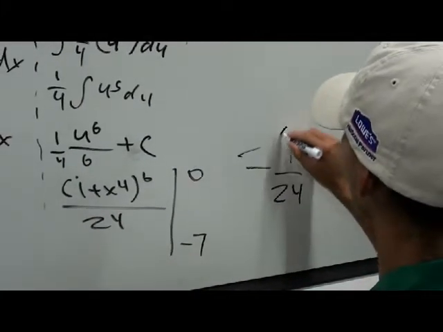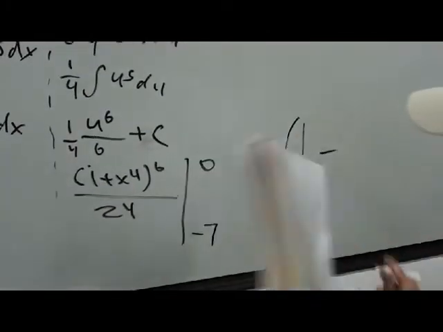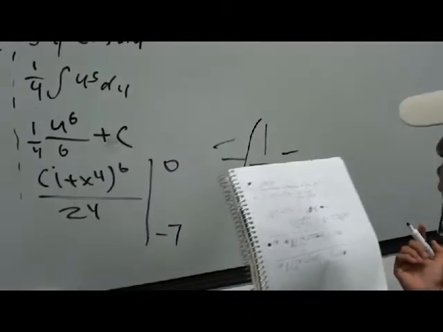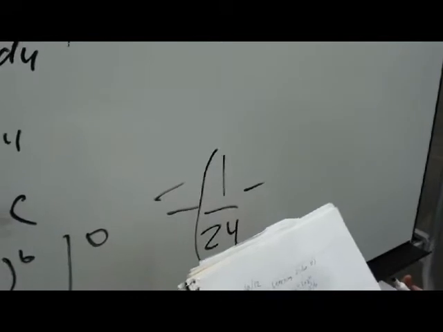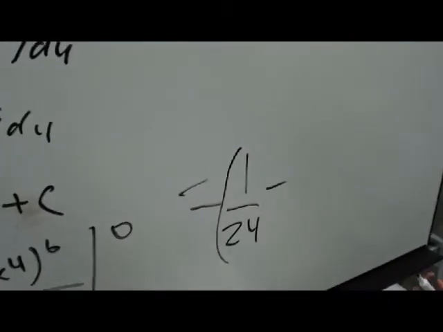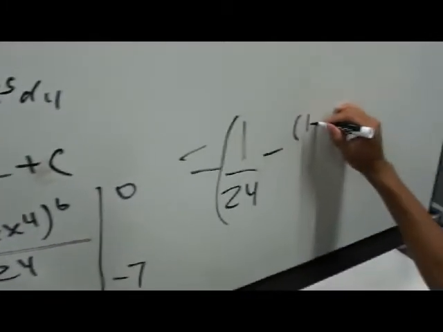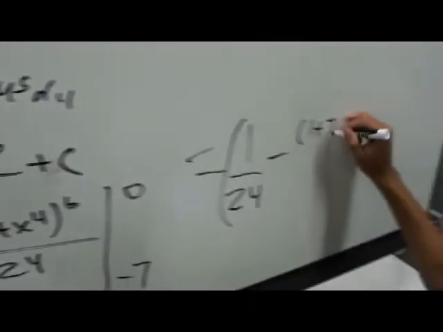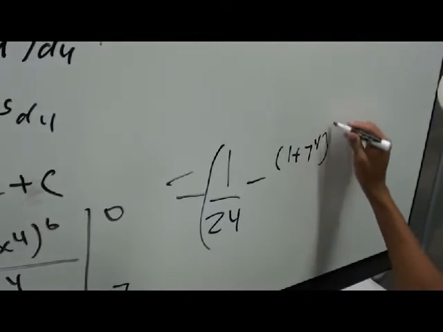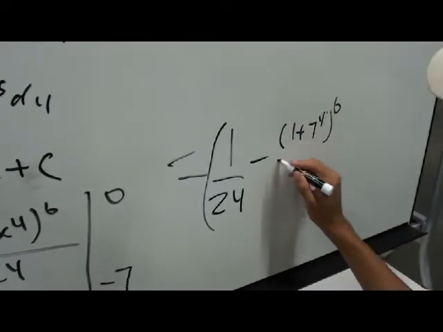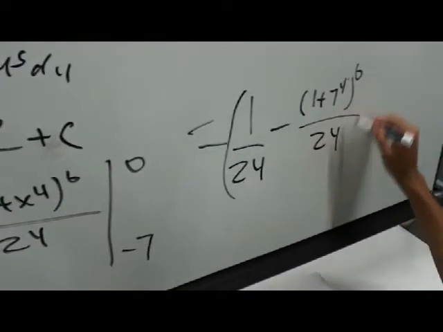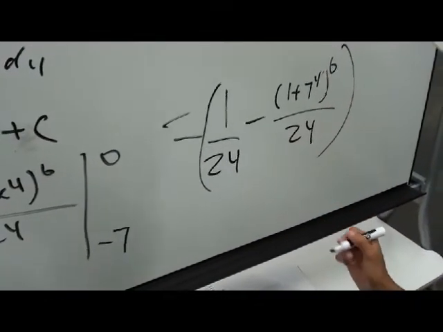So that's going to be 1 over 24 minus, and we have to look at this work over here because it gets pretty darn complicated. That's going to be minus (1 plus 7 to the 4th), all raised to the 6th, divided by 24, like that.